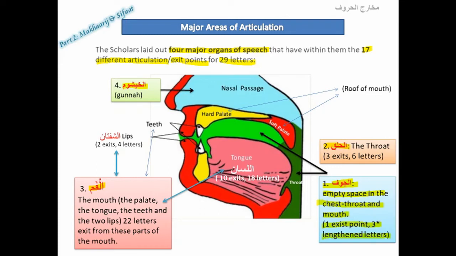This is the empty space and the sounds that come from this area. It's just coming from the chest, through the throat, and out of the mouth. The lengthened letters are alif, waw, and ya. They are known as the mud letters.